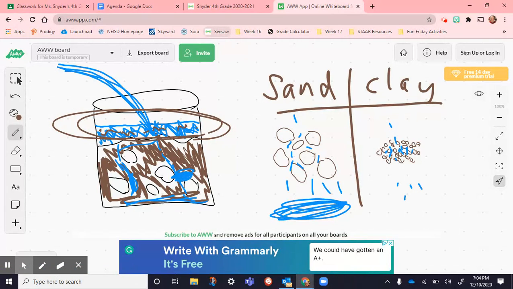So we did that, and then students went to library at 12:35, and when they came back, we did a little bit of coding on their water cycle project.